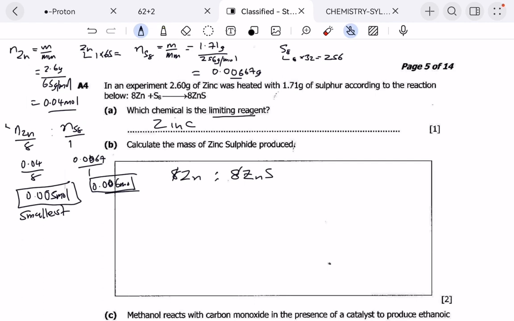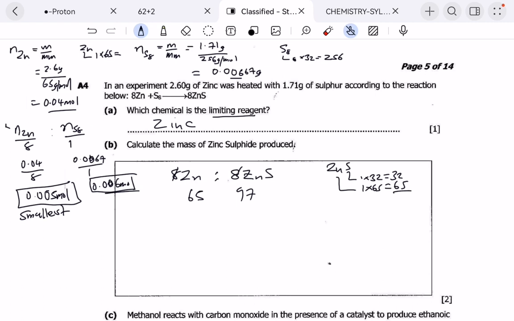Obviously 8 and 8 will cancel. The relative molecular mass of zinc here will be 65, then the relative molecular mass of zinc sulfide will be 32 plus 65. When we add that together, we'll get 97.